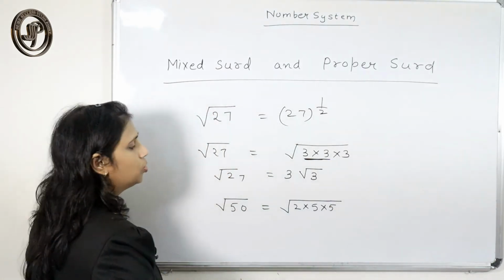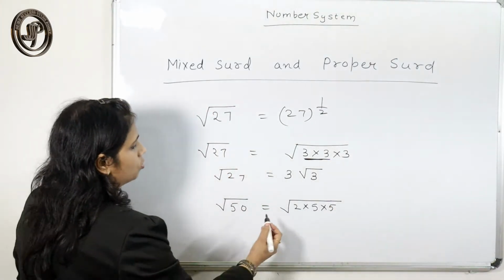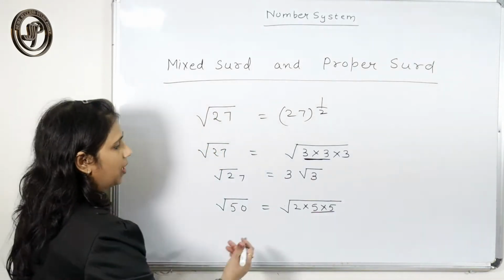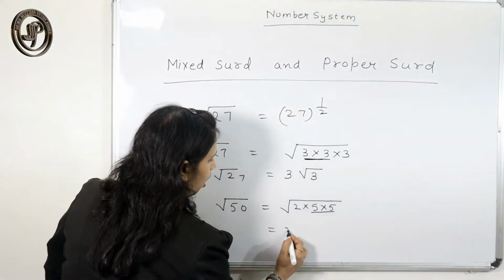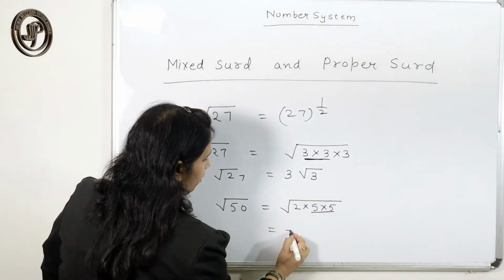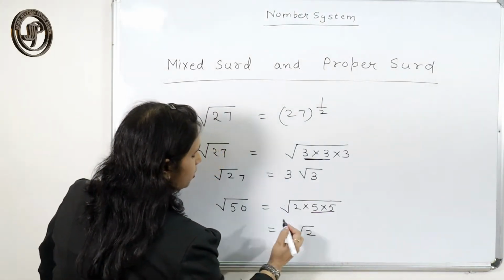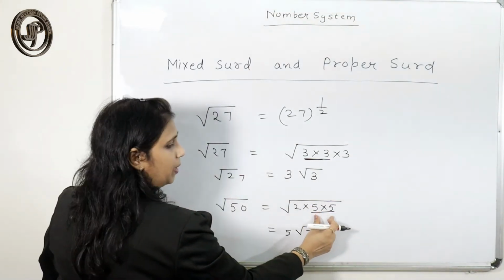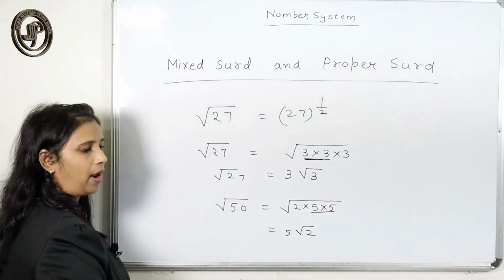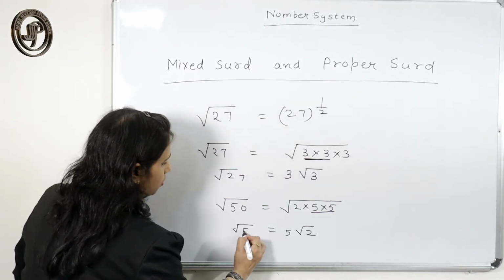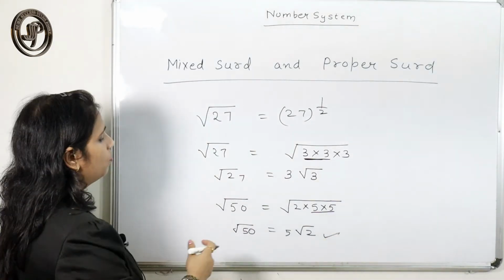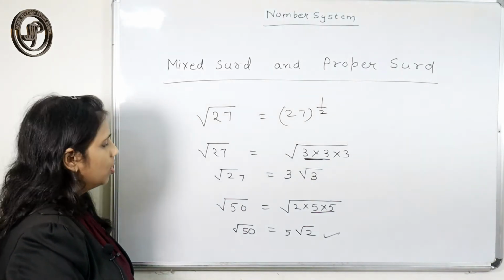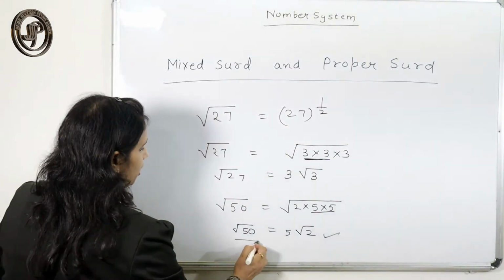Here the order is 2, so you can make a pair and take the pair out. Inside you are left with 2. So whatever the order, you have to make that pair and just take the pair out. So root 50 you can write as 5 root 2 also. So that is the form.